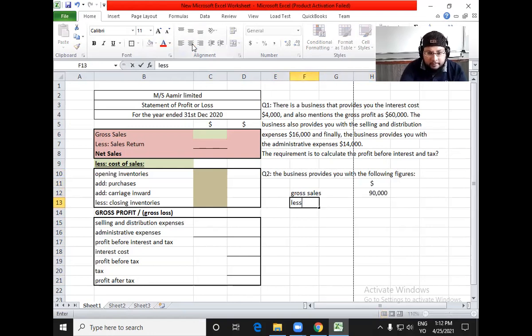Then you will subtract the sales returns, let's suppose 9,000.